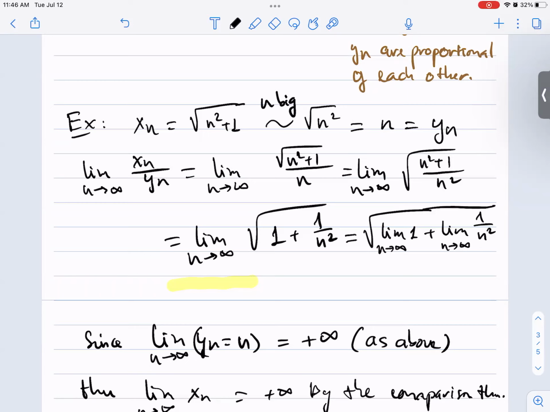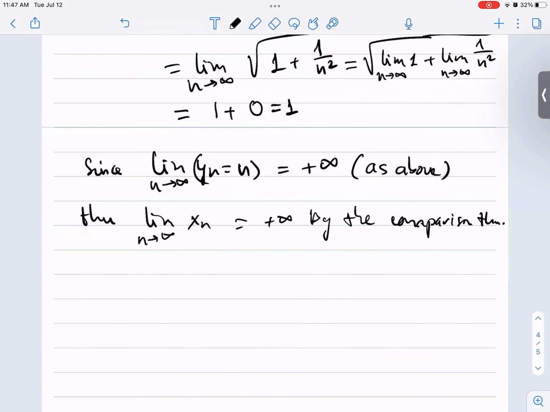That's why the limit of the square root of 1 plus 1 over n squared equals the square root of the limit of 1 plus the limit of 1 over n squared when n approaches infinity, which equals 1 plus 0, which equals 1. So in this case, the ratio is approaching 1. That is, these two sequences are proportional to each other, eventually close to each other.